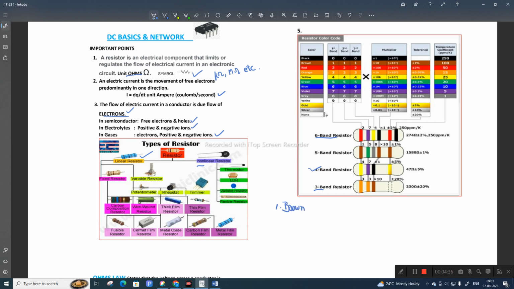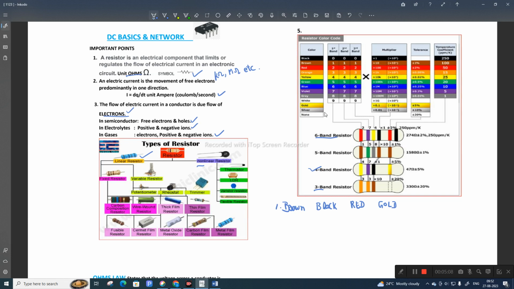Brown, black, red. Remember this is a 4 band color code, and the last is gold.